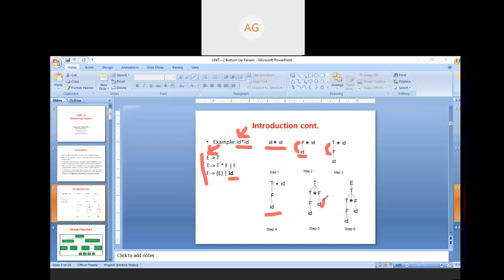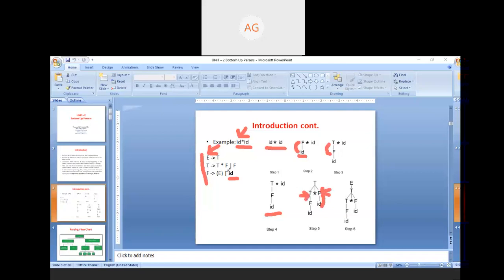So you need to write f here, and now you can see that we are reaching this position. From the left string we reached t, and from the right string we reached f.